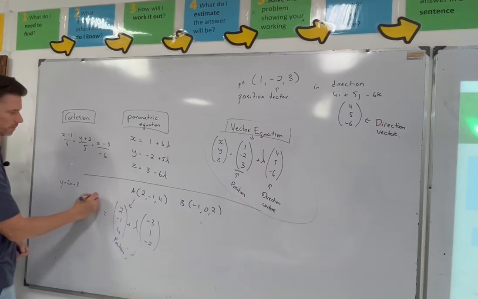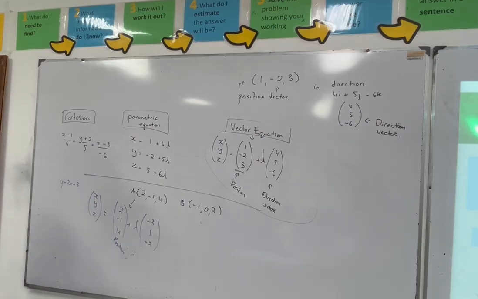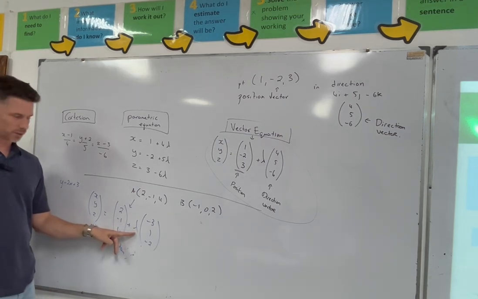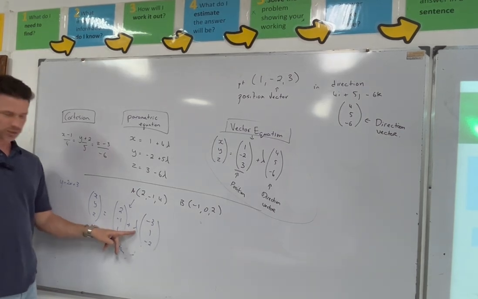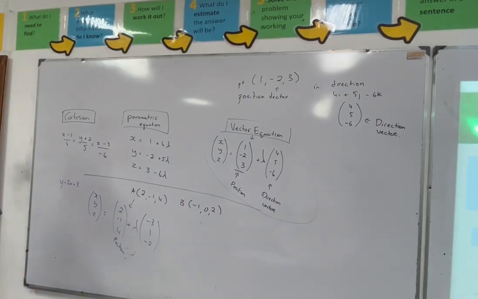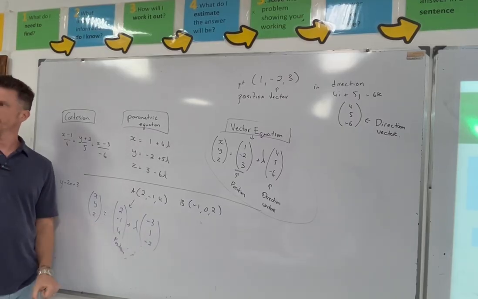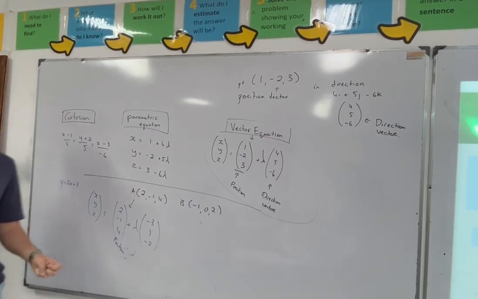Why is it in terms of lambda though? Because any point is going to be some distance and direction away from this point, and this determines the distance and direction. It's going to be infinite, so we just put lambda there. It can even be a decimal. It's anywhere.